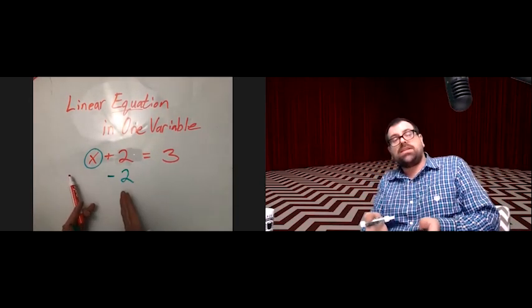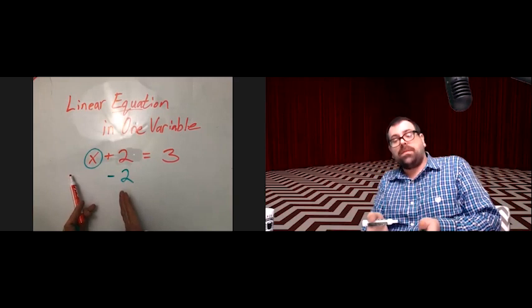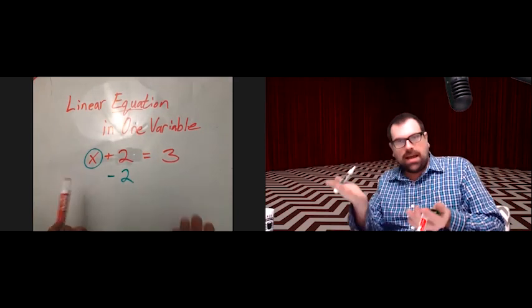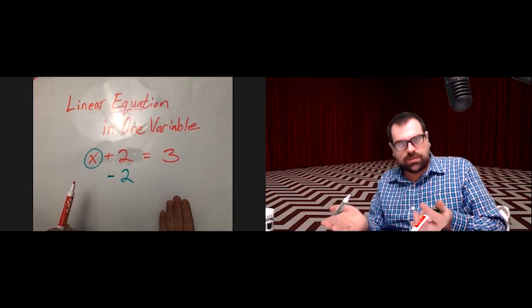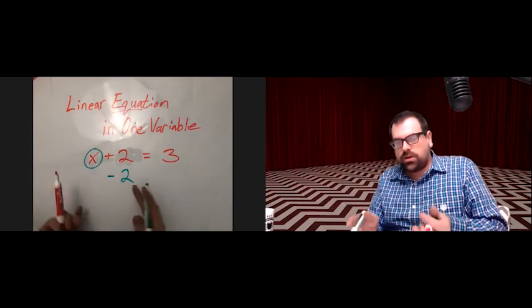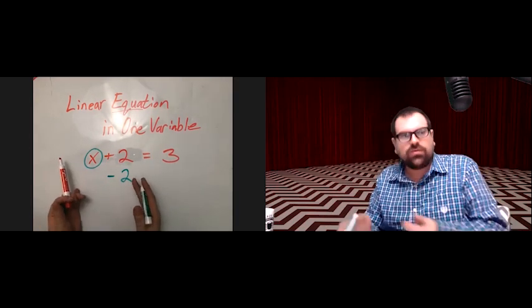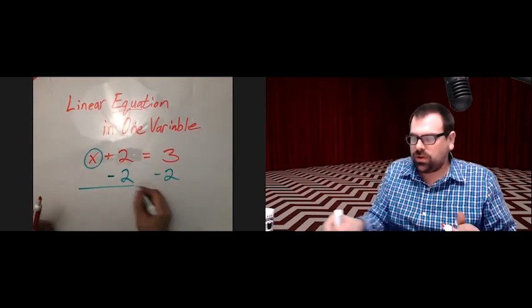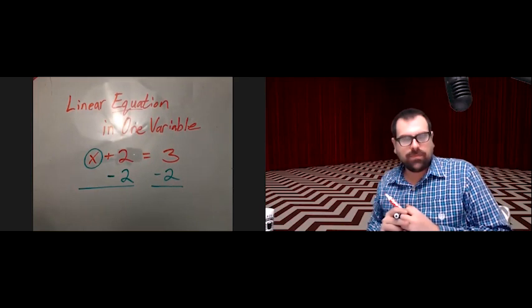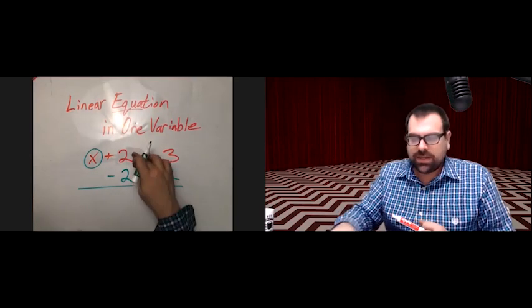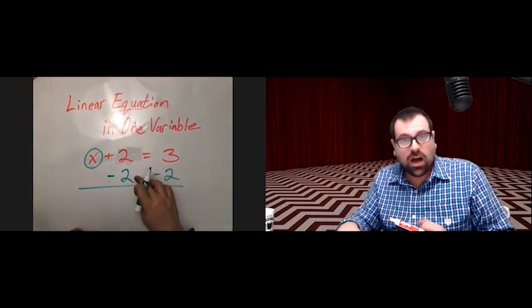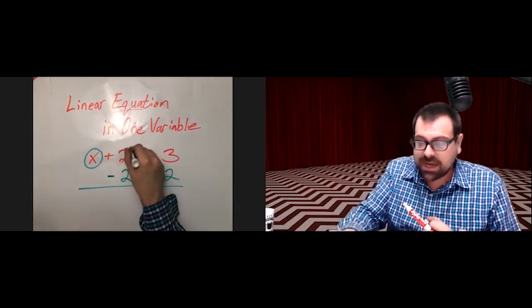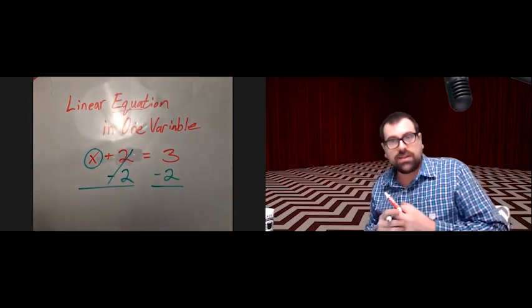But if we subtract 2 from the left, it's not balanced anymore. Think of the scales. So if we subtract 2 from the left, we have to subtract 2 from the right. The reason we subtract 2, the reason we do the opposite is because it cancels out. Plus 2 minus 2 is 0.